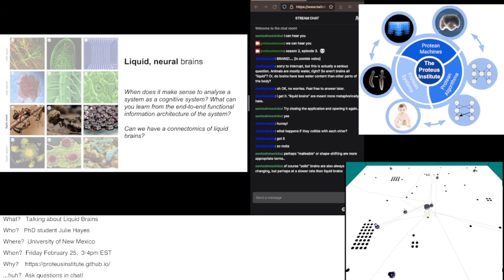Of course, solid brains are always changing. Solid and liquid are both maybe not the right term, because, like neuroplasticity, neurons do die, and you can get new ones.